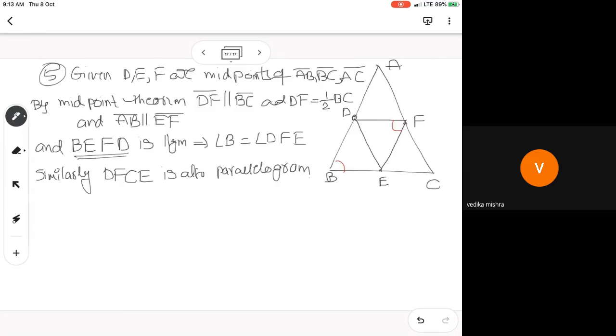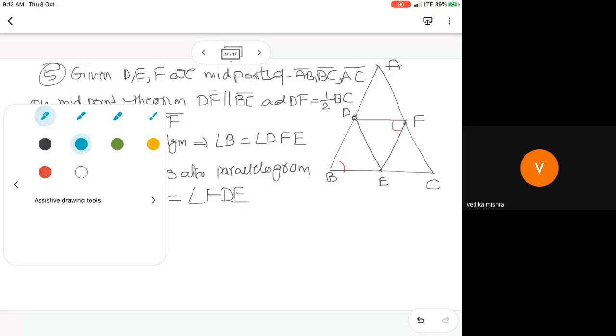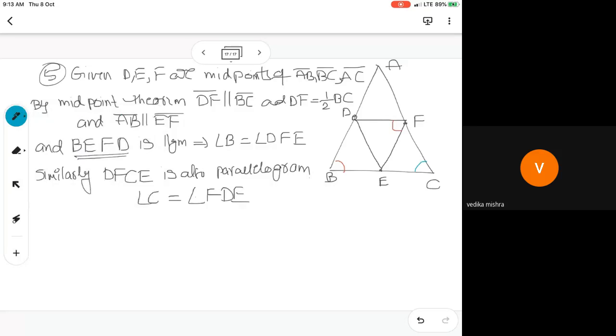So if this is a parallelogram, angle C will be equal to angle FDE.